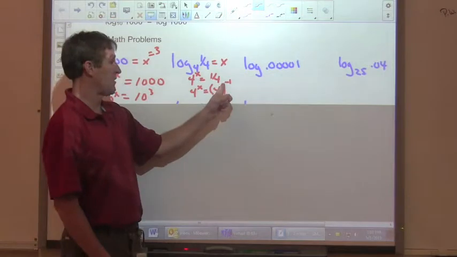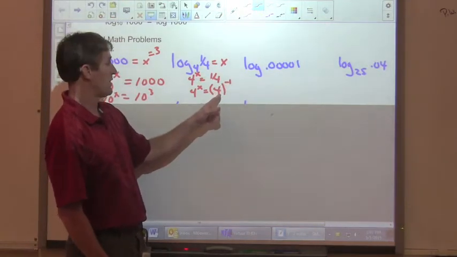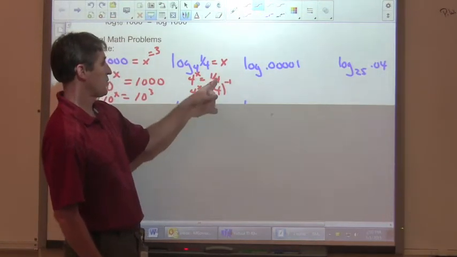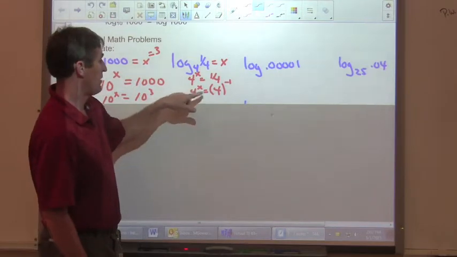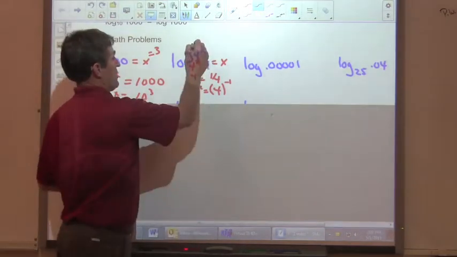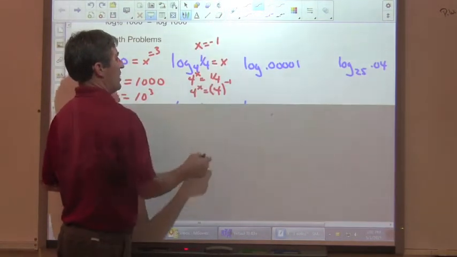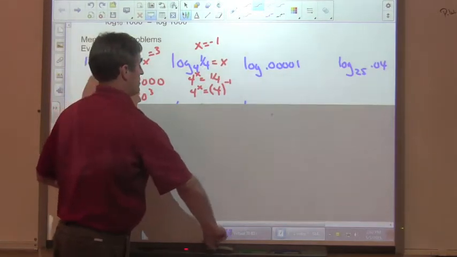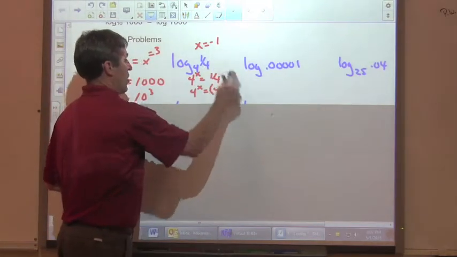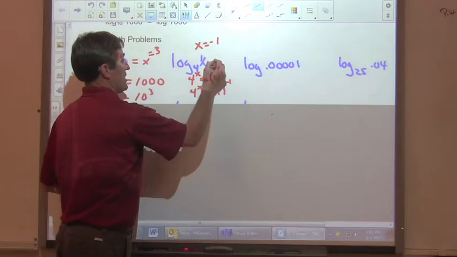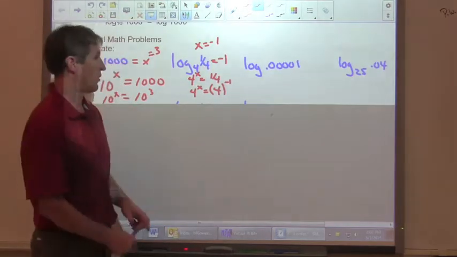Because remember, a negative in the exponent means the reciprocal of this. So that would be the same as 1/4. And so now the bases are the same. So x has to equal -1. So I know that log base 4 of 1/4 is equal to -1.